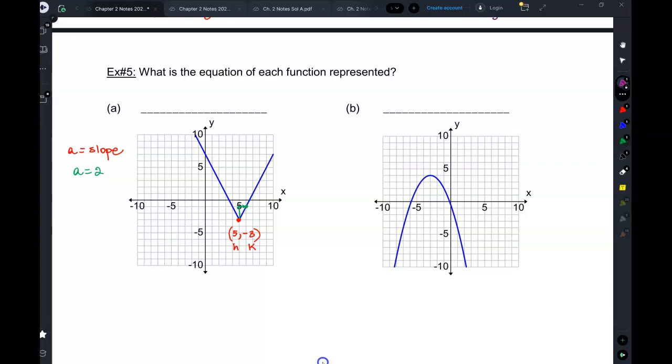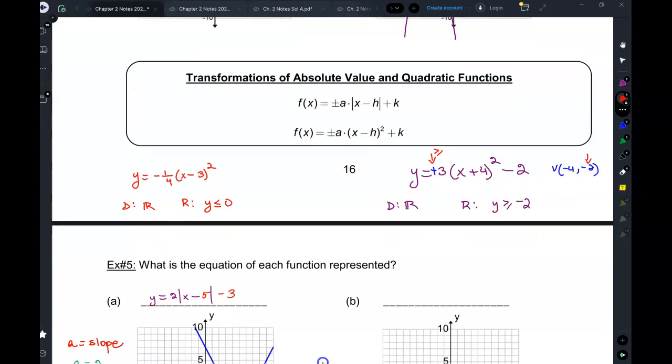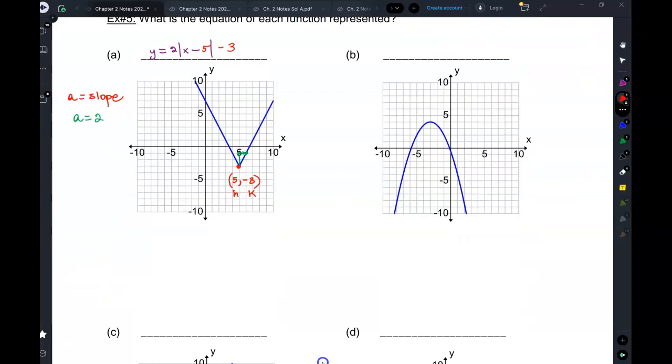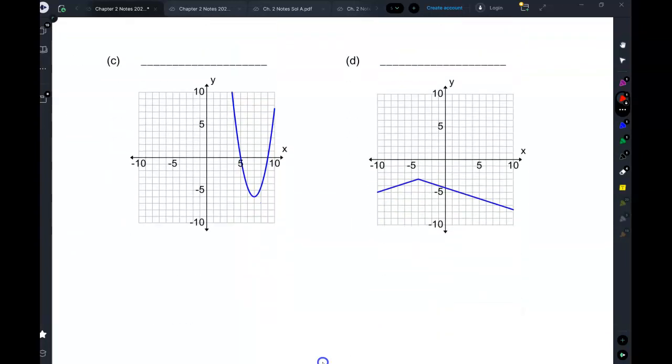So now y is 2 absolute value x minus h, which is 5, absolute value minus 3. No, because the k is added, right? It's the same sign.